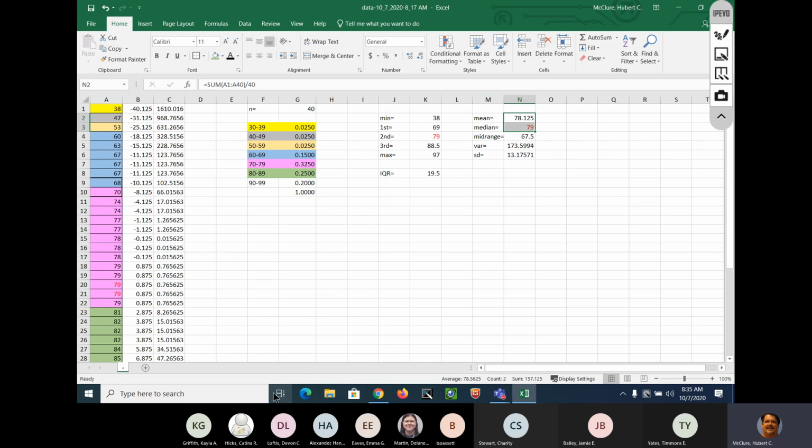And the standard deviation is 13.17571. And the minimum is 38. The first is 69. The second is 79. The third is 88.5. And the max is 97 with an interquartile range of 19.5. So even if they don't need all this, it's good to kind of refresh your memory.